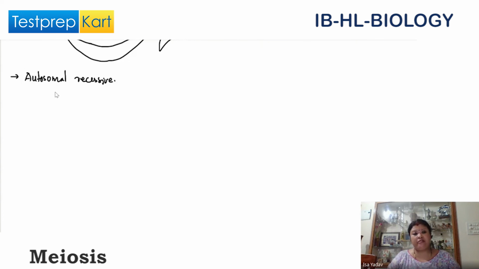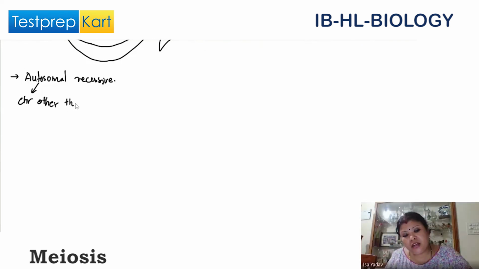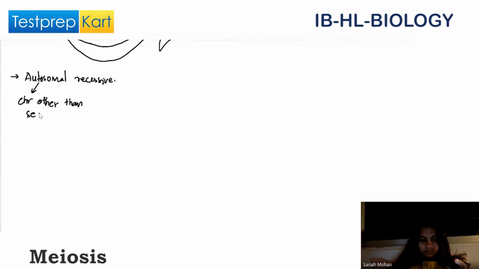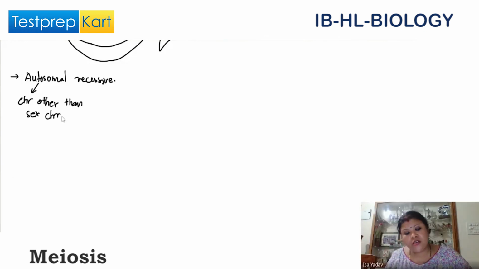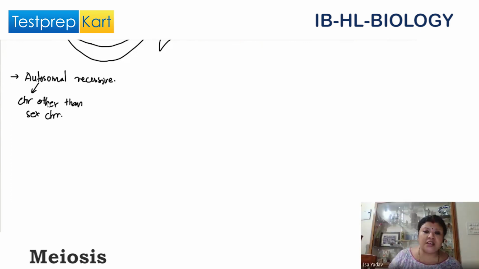Autosome means chromosomes other than the sex chromosomes. Clear? Chromosomes other than sex chromosomes. That is called autosomal.